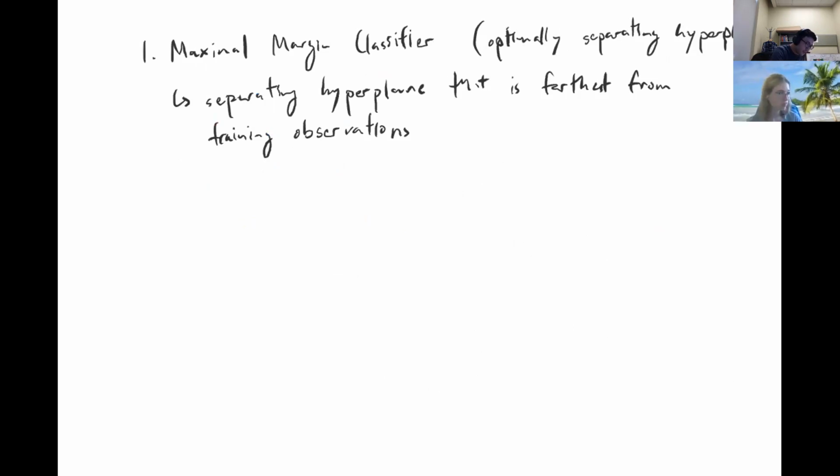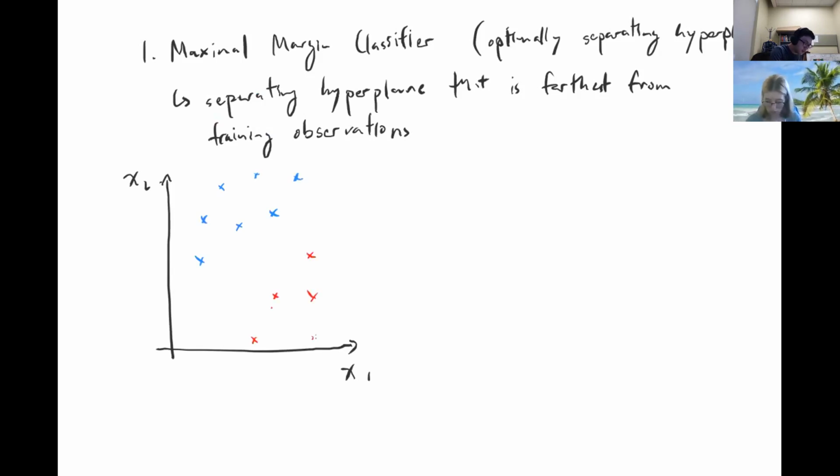However, you'll note that in that particular example, well, okay, let me just draw a slightly different one. Let's say we have points like this and some points like this. So I've actually got a problem here in that I can draw a hyperplane like that to separate my points.